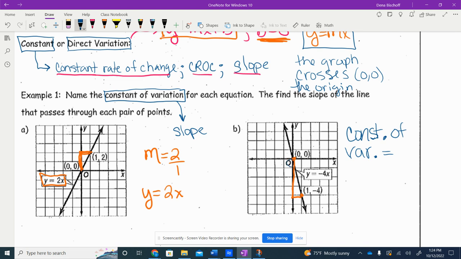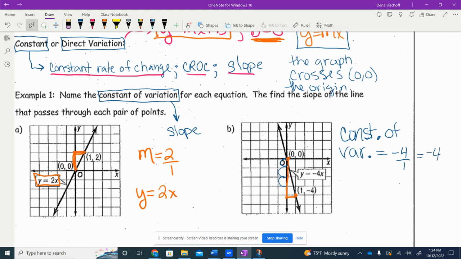So remember, we do the up and down first. So it goes down 4 over 1. And since it's going down, it's going to be negative 4 over 1, which is the same thing as negative 4. So my constant of variation is negative 4. And that makes sense because the equation that they give us right here is y equals negative 4x.